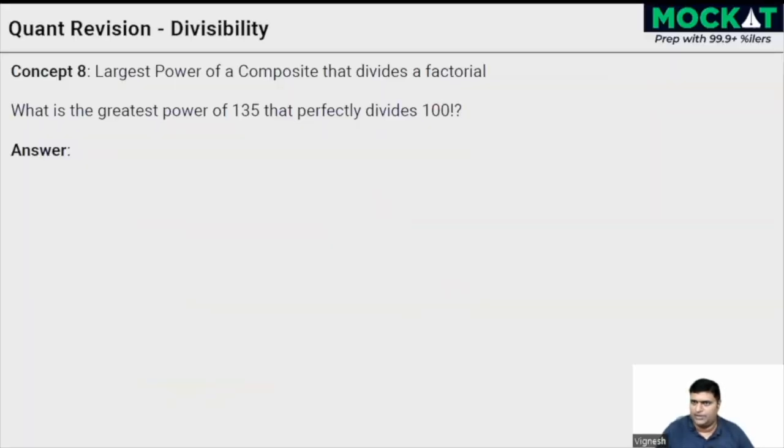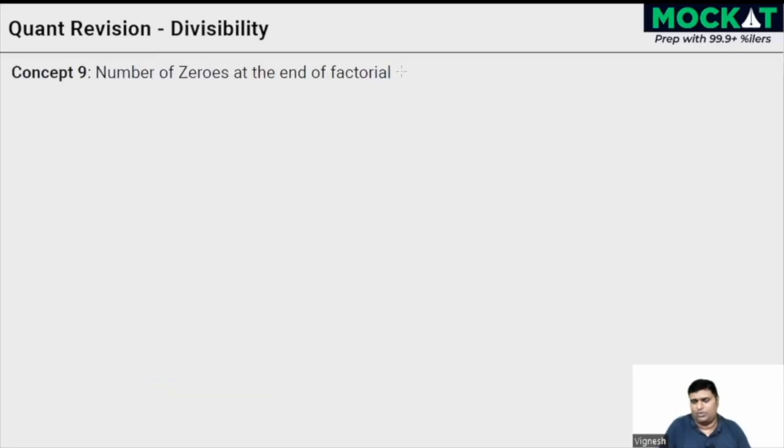Moving to the next one, that pertaining to the number of zeros at the end of a factorial. The number of zeros in a number: if you want to write it as 2 power 72 and 5 power 24 or 26 or 28, whatever you want, the number of zeros at the end of this number is going to be the smaller of these two powers, which is 28.